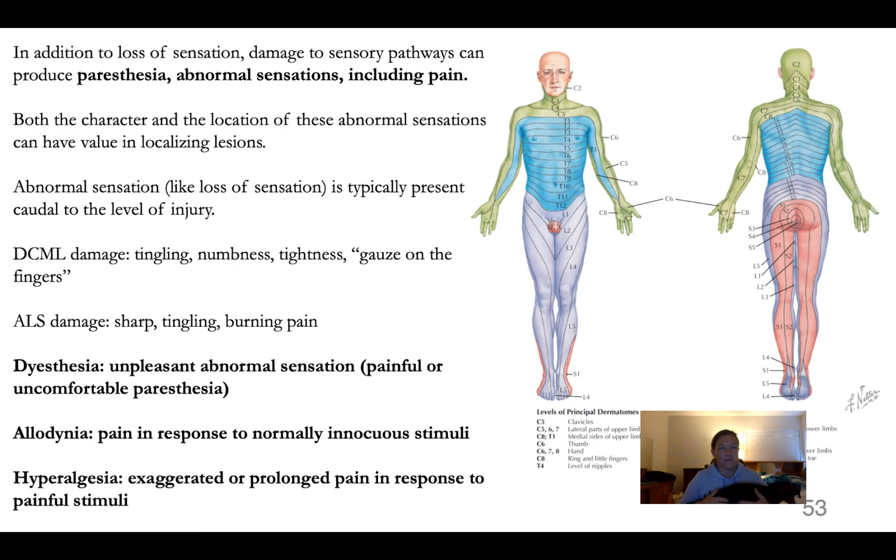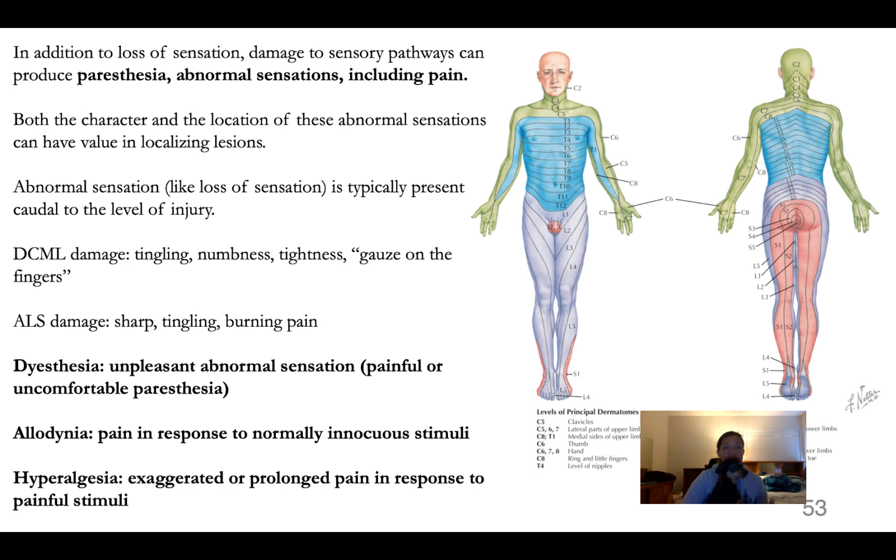Now, when we get to clinical cases, this slide is just to take us through a bit of clinical terminology, because quite often loss of sensation is not absolute. So it's not just loss of sensation. You can have abnormal sensation or paresthesia, including pain. And of course, the location of the sensation is important, but also the character of the sensation.